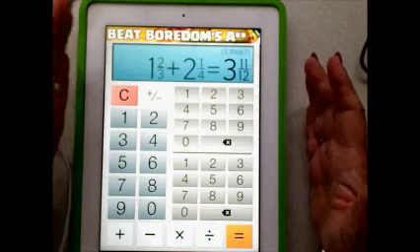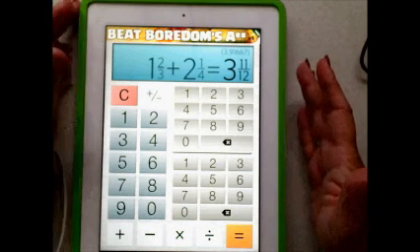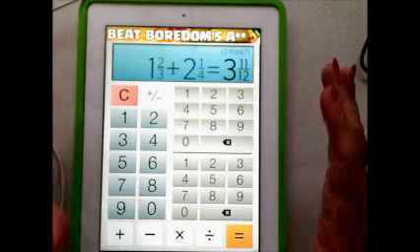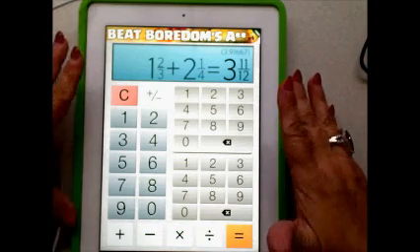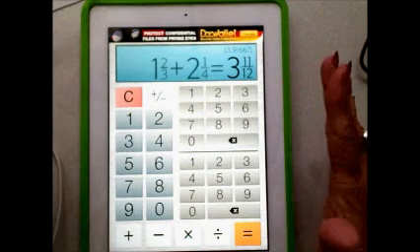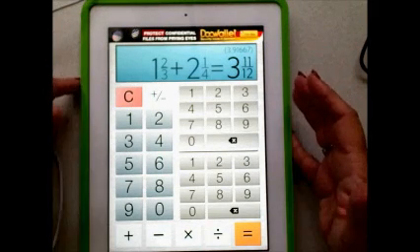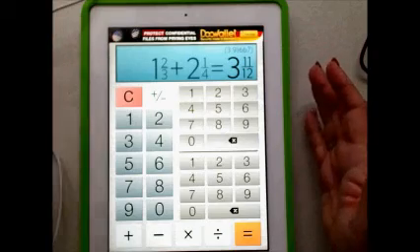But if a student has an iPhone, and most of them do these days, even those in elementary school. Also, a lot of schools, rather than buying computers right now, are buying iPads. And there are lots of different things that you can download with that.